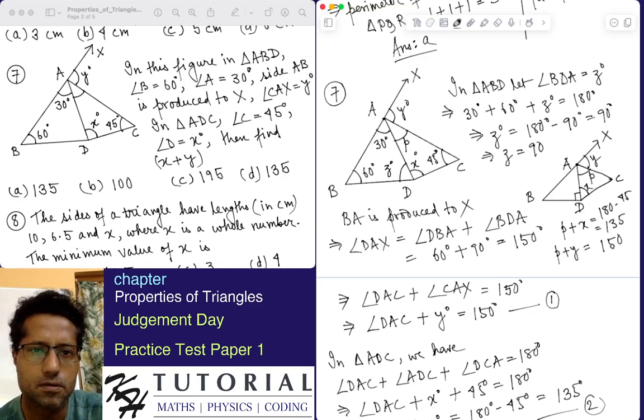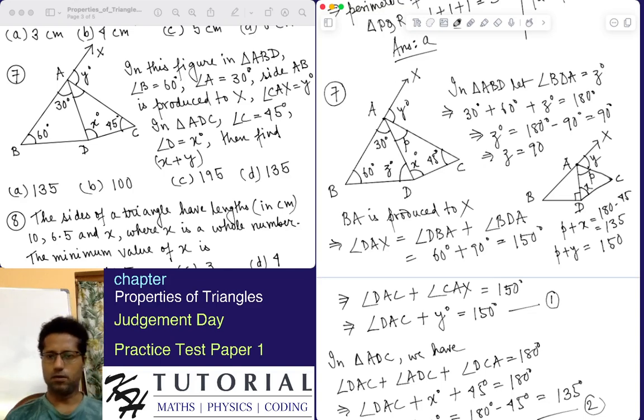B is 60, A is 30, side AB is produced to X, CAX is Y degree, okay. In triangle ADC, C is 45 degree, D is X degree, then find X plus Y. No, sorry, I'm not able to solve it with the given information.